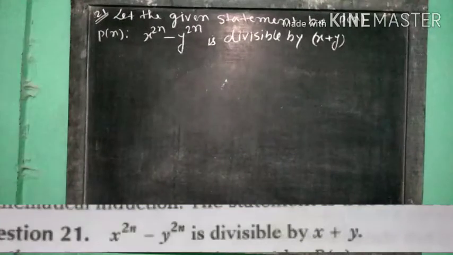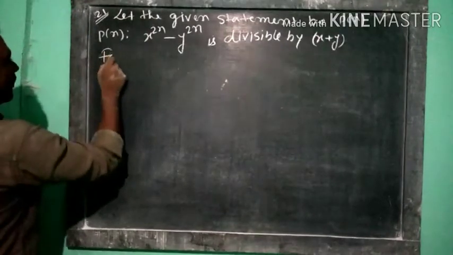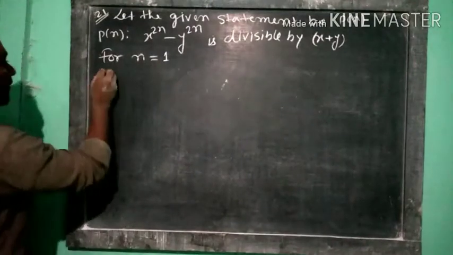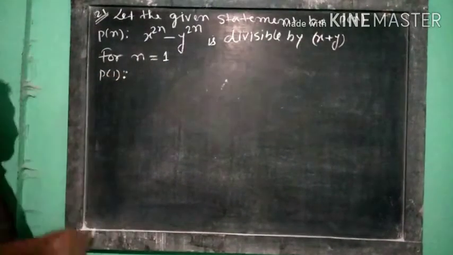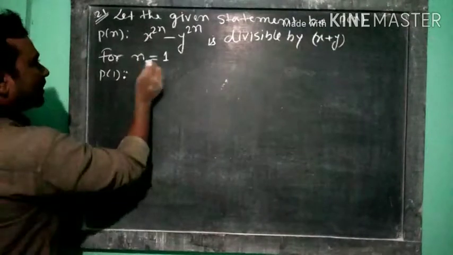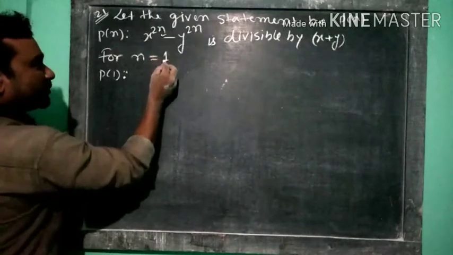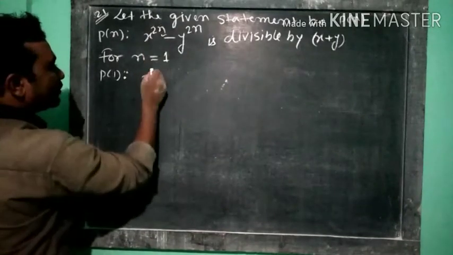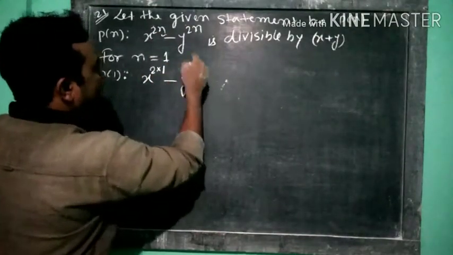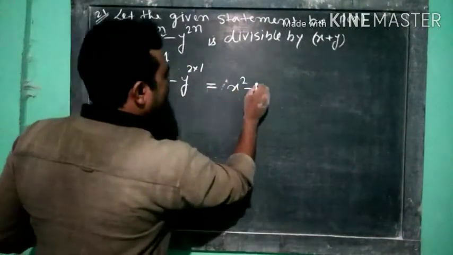So step 1 we have already seen, no problem. We will try to solve the problem. For n equal to 1, P of 1 such that, here we just put 1 in place of n. So this is x to the power 2 minus y to the power 2, which equals x squared minus y squared.